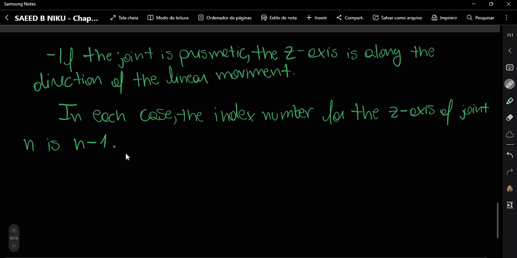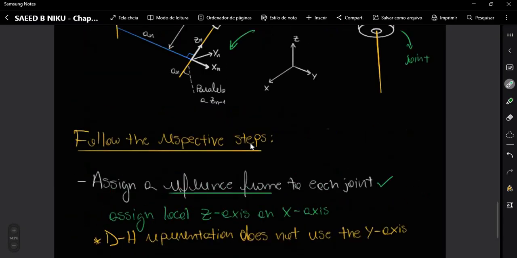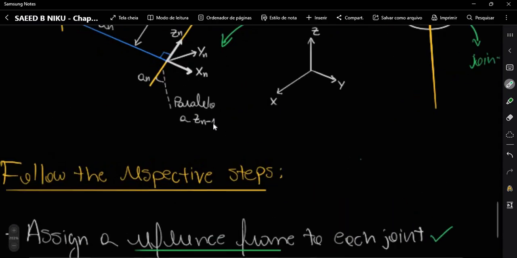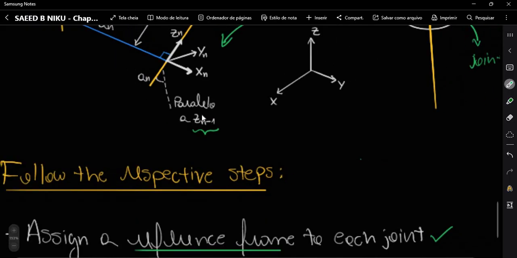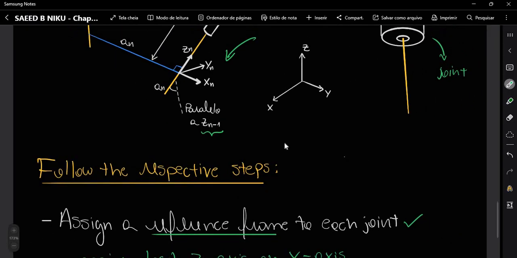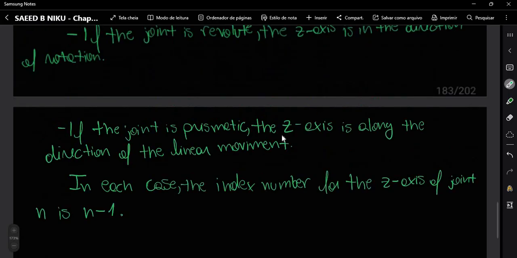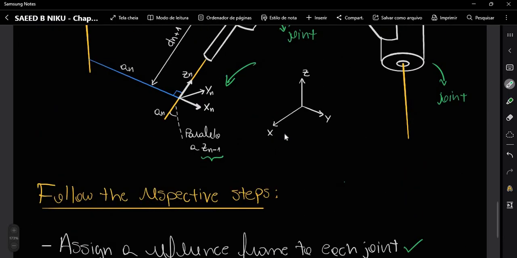Like we can see right here, the index of z is n minus 1.